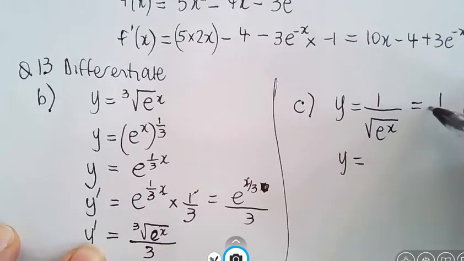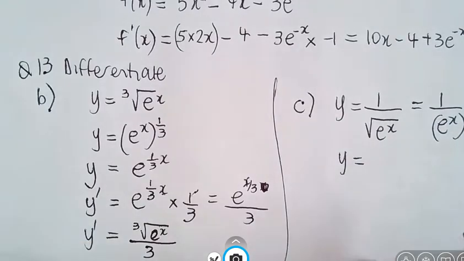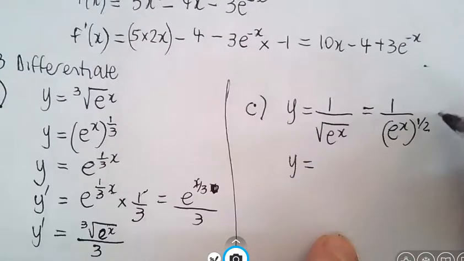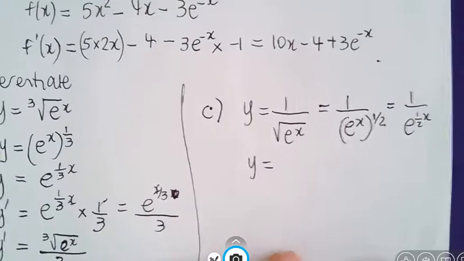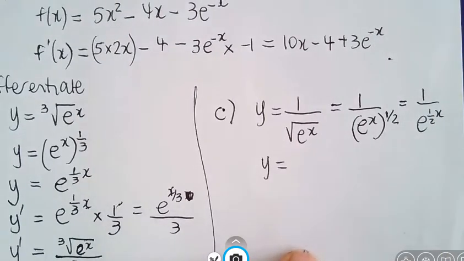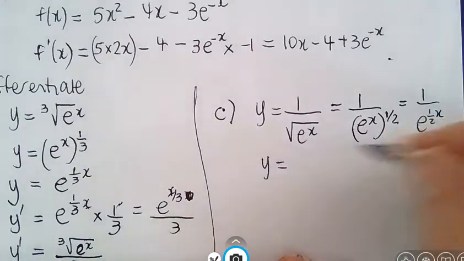Isn't that just 1 over e to the x to the power of, what's the square root? A half, okay. So that is 1 over e to the half x. Now, I can't differentiate like that. I only know how to differentiate e to the power of something. So how am I going to rewrite that?